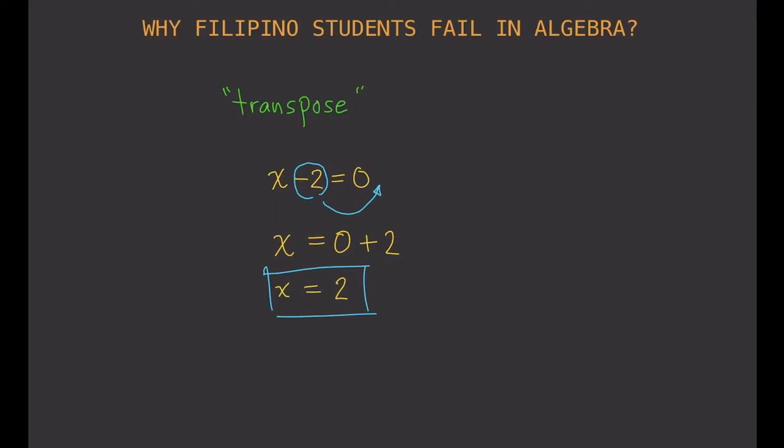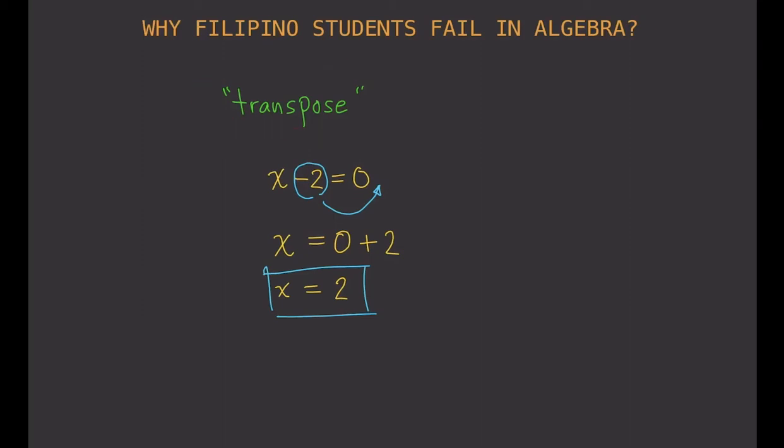Now, this is actually correct. The final answer is correct. No problem with that. The problem is with transposition. Because there's no such thing as transposition, right? Now, what's the basis for transposition? This actually does not exist, right?